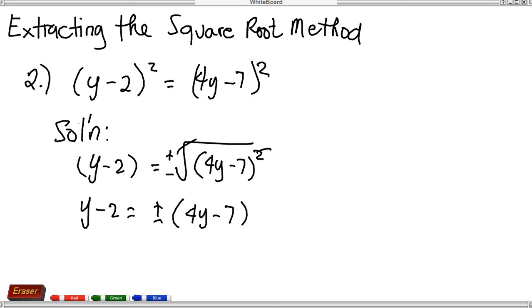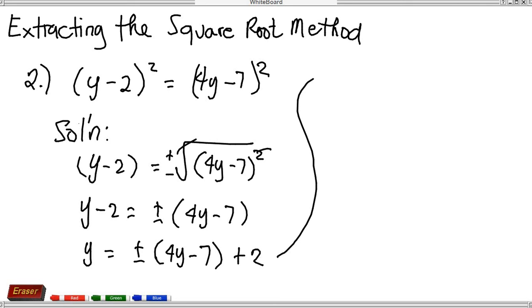Then we are going to transfer the values to the other side. So we have y = ±(4y − 7) + 2.